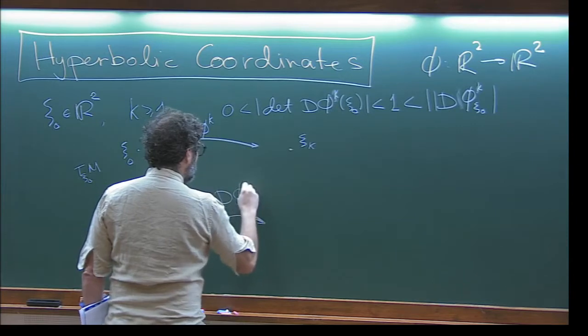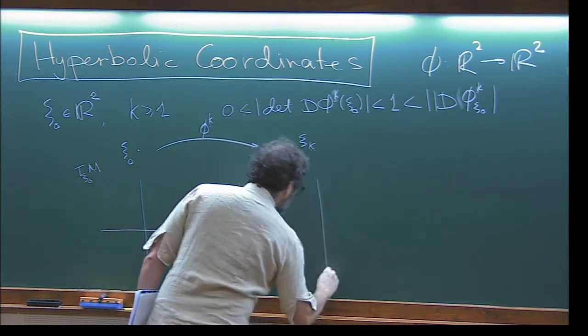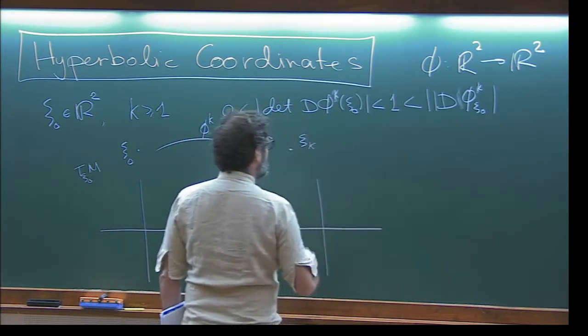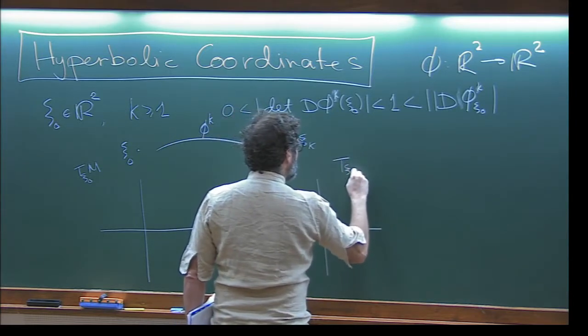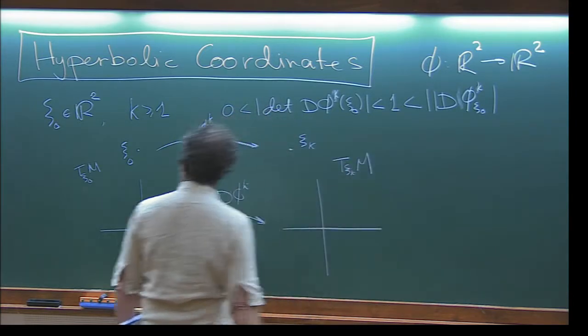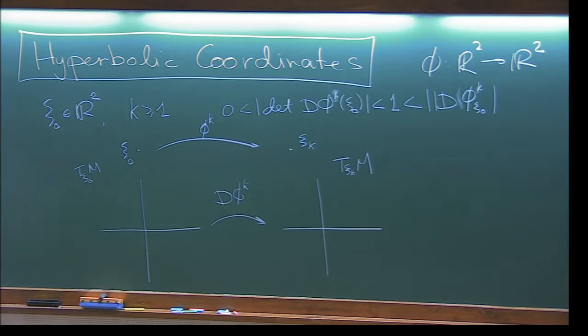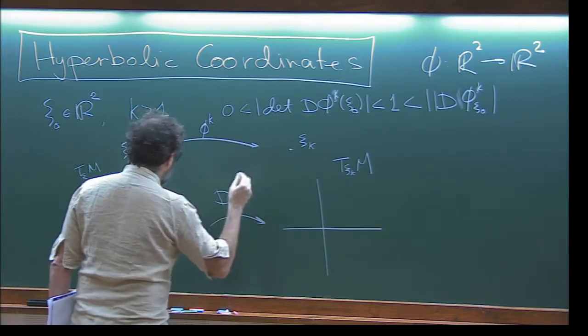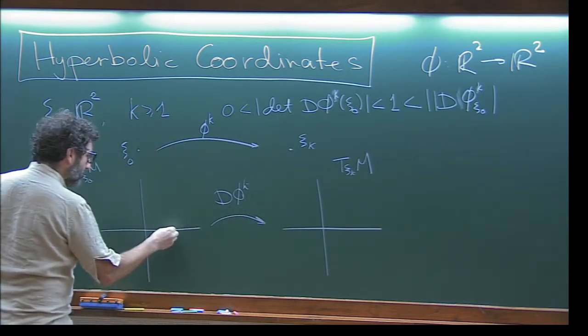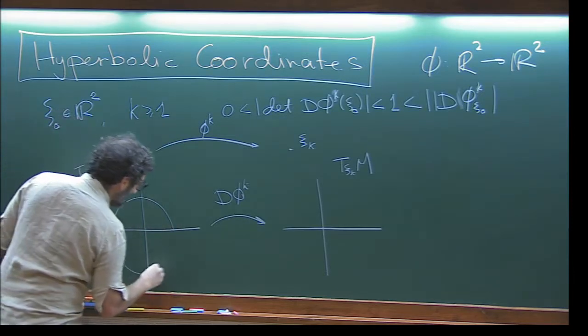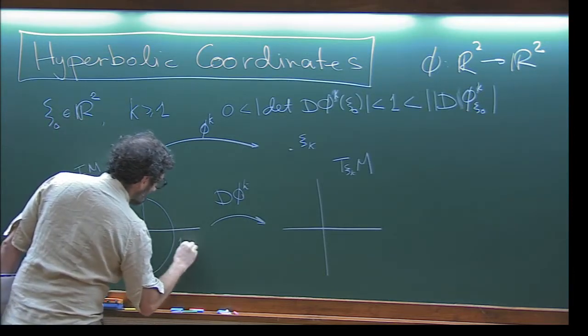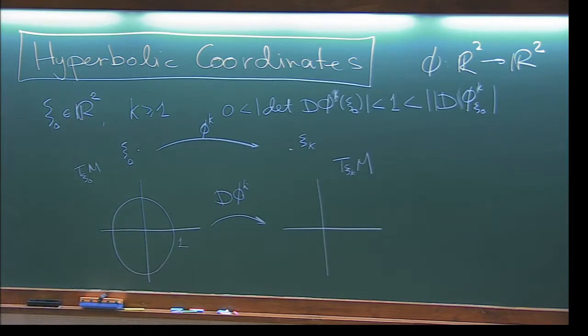This is the derivative d phi k. This is the tangent space at psi k. And as you know, for linear maps, we take the unit circle here. As you know, linear maps map circles to ellipses, okay, or which might be circles themselves.